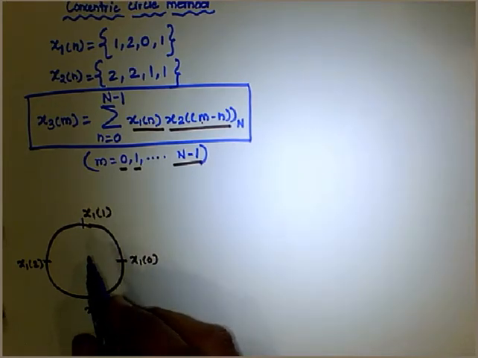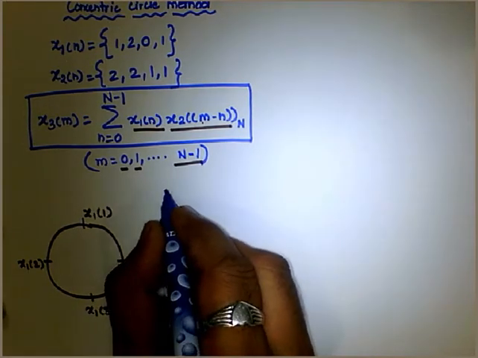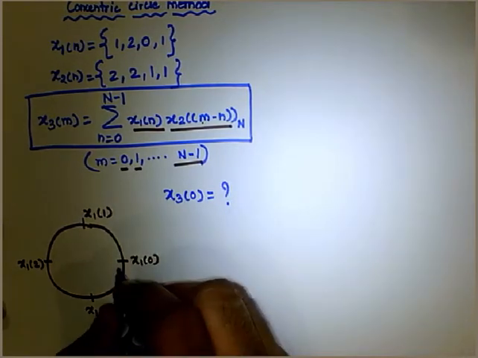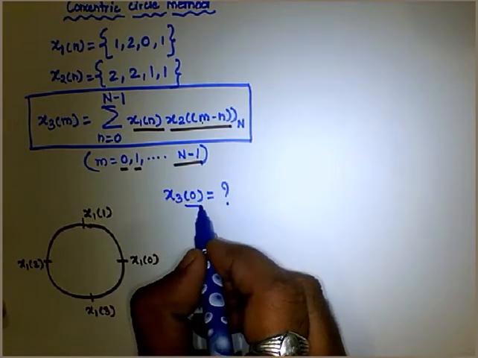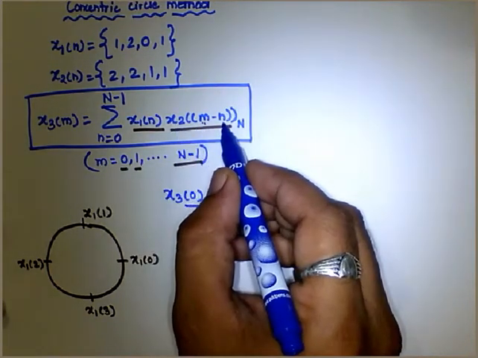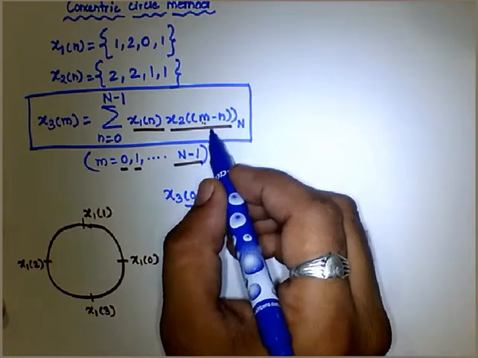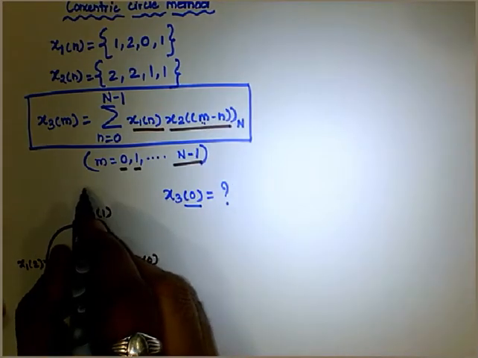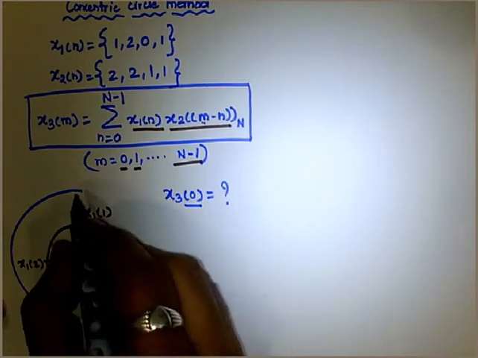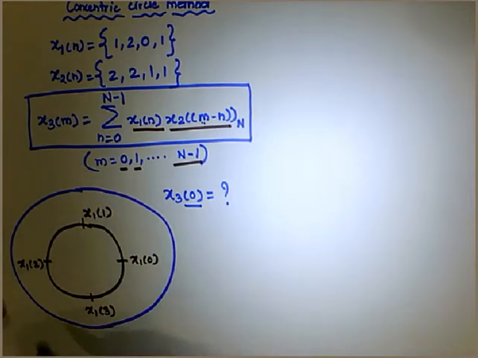Now for the first case, let's say we want to calculate x3 of 0. For x3 of 0, m is 0, so it means x2 of minus n is the sequence we will have. For getting this, we will write down one more circle which is outer to this particular circle. That is why it is called the concentric circle method.